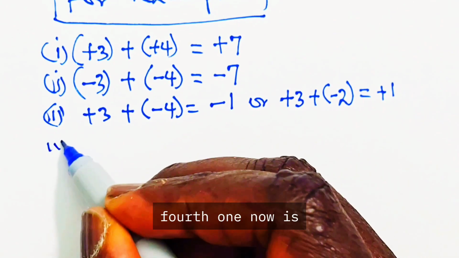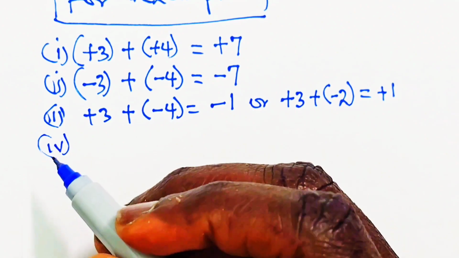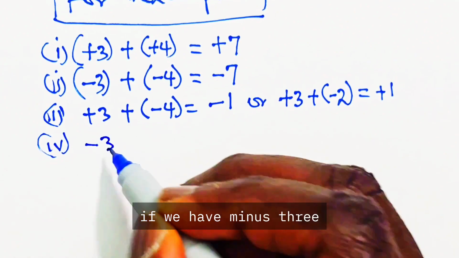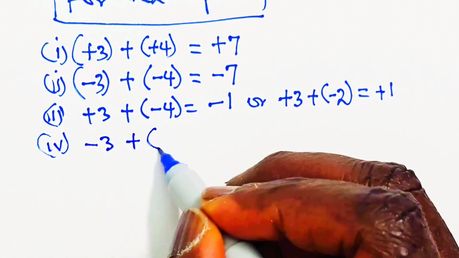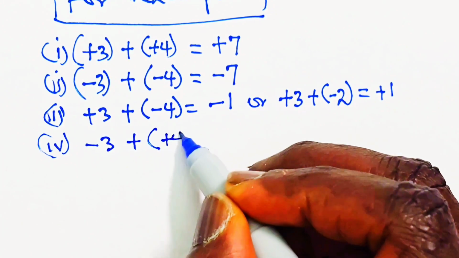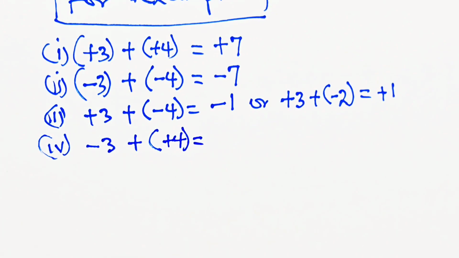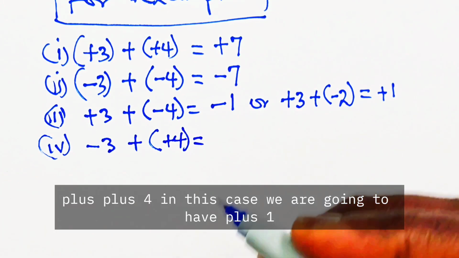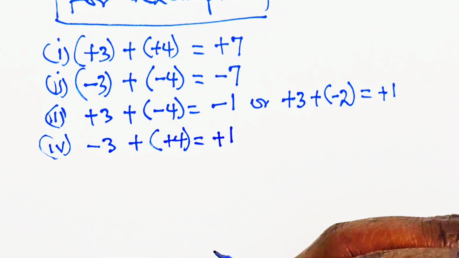So the fourth one now is, if we have minus 3 plus 4, in this case we are going to have plus 1.